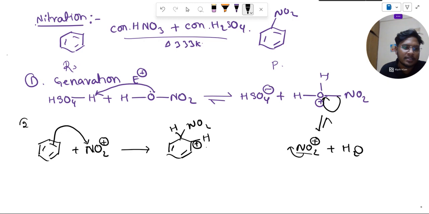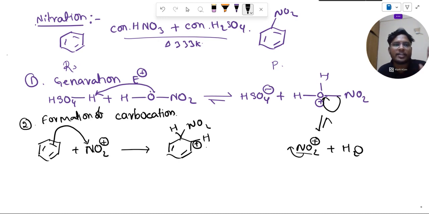Here I would like to mention the second point, formation of carbocation. The first step is generation of the electrophile, which happens between the reagents, and after that comes formation of the carbocation.